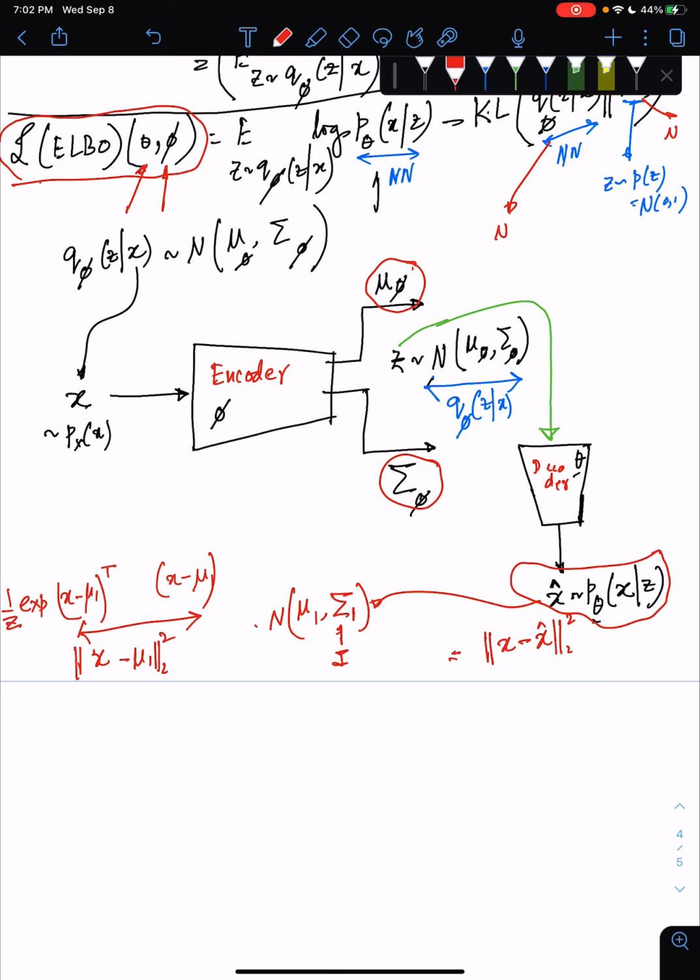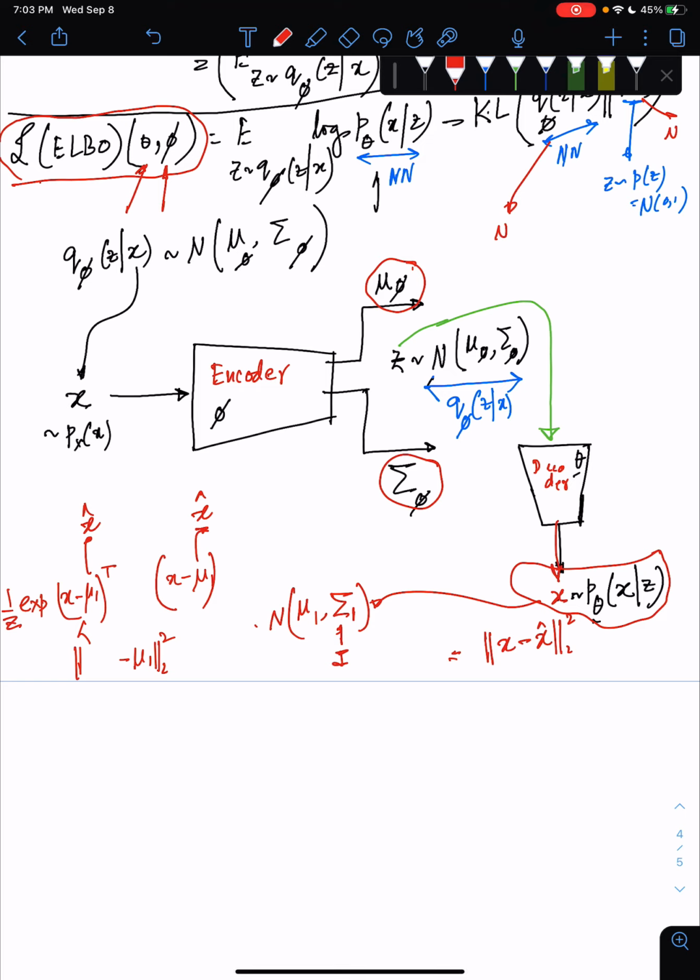Now this mu1, I'm sorry, this is x, because my x will be sampled from this distribution, and this mu1 is nothing but my x hat, which is coming out of this network.